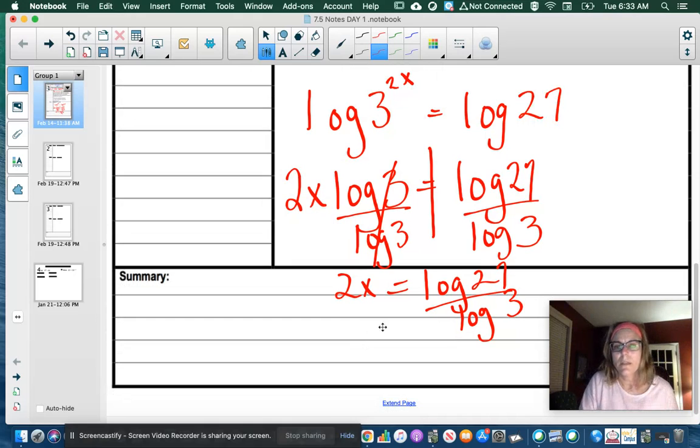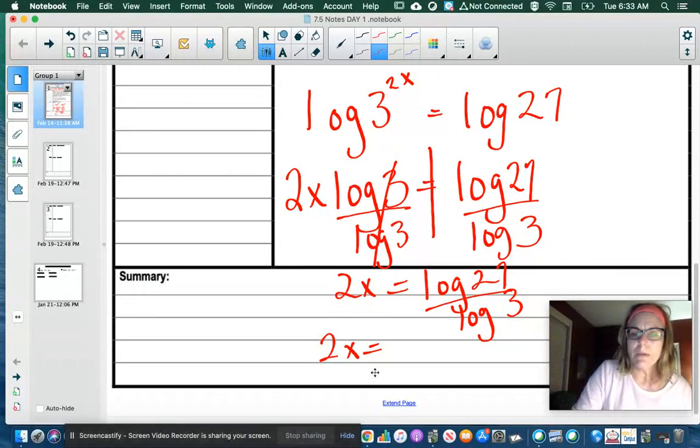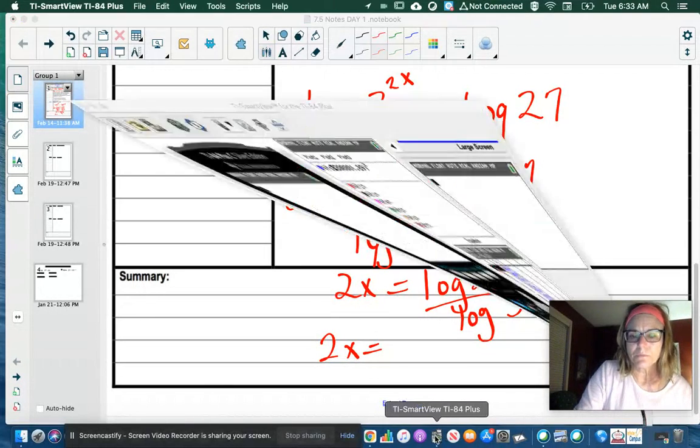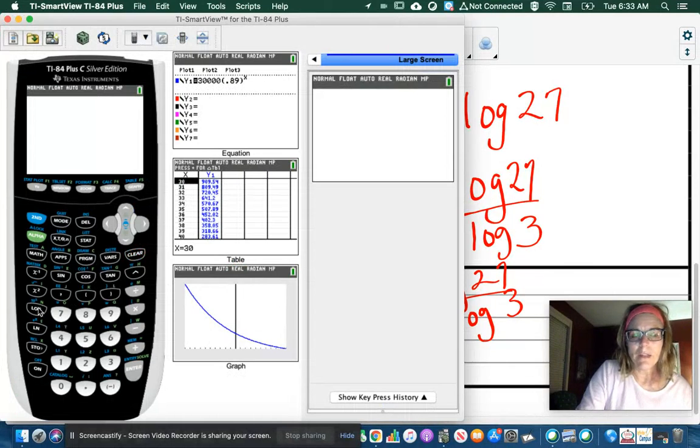And now I'm going to grab out my calculator and figure out what is log 27 divided by log 3. So we go to the LOG button, 27, close the parenthesis, divided by log 3, close the parenthesis.